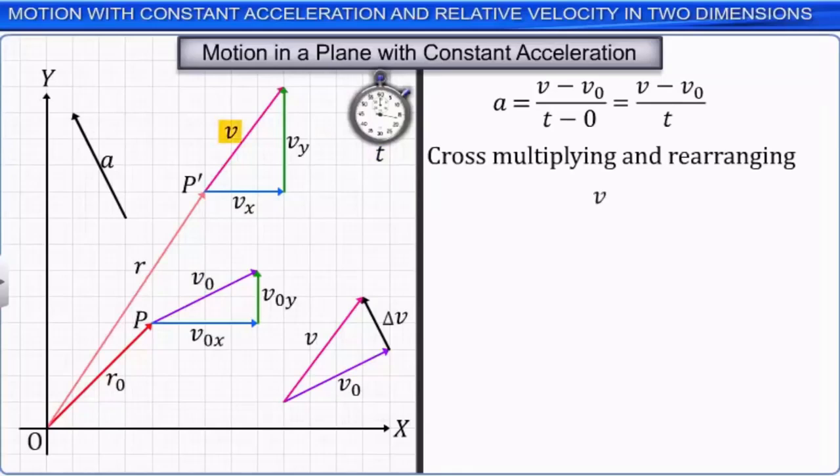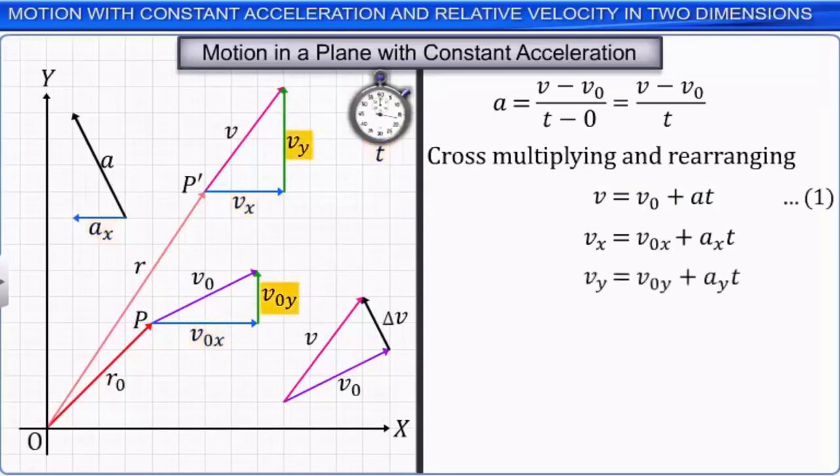Let this be equation 1. We can also write equation 1 in terms of its components as Vx is equal to V0x plus axt and Vy is equal to V0y plus ayt.